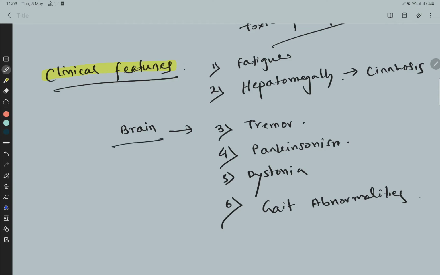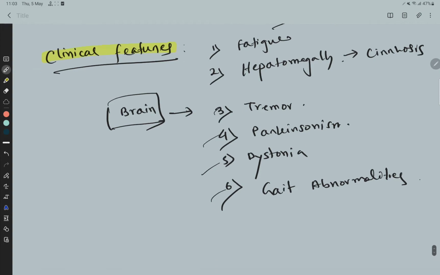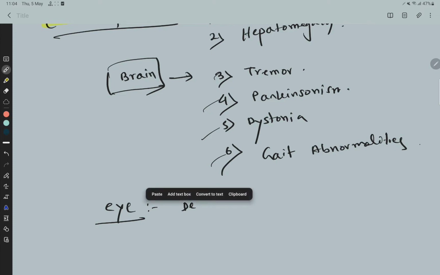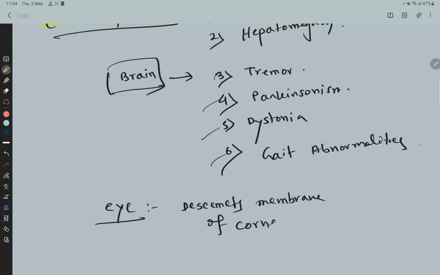So what are the neurological features? The copper is deposited in the brain, and that's why tremor, Parkinsonism-like features, dystonia, and gait abnormalities can be seen. Also copper accumulates in the eye, in the Descemet's membrane of the cornea.